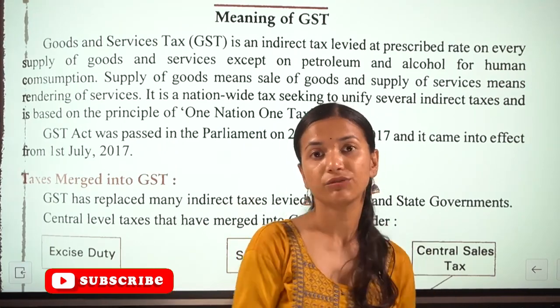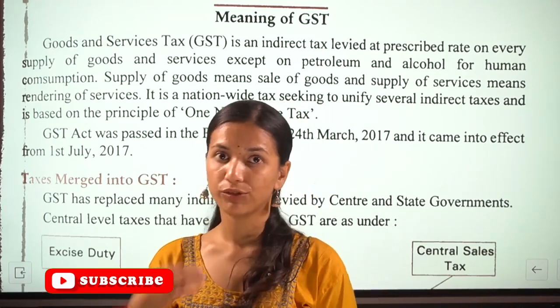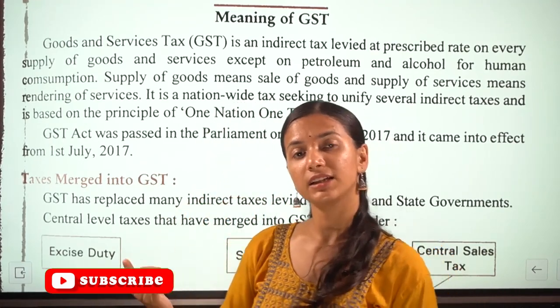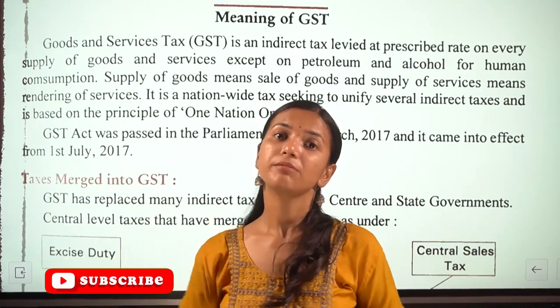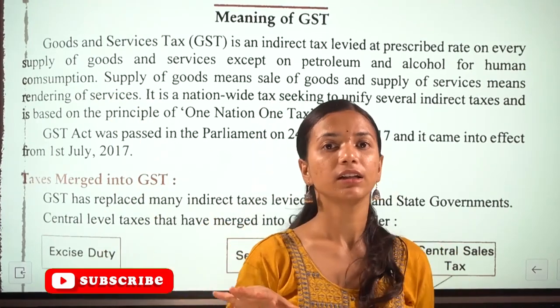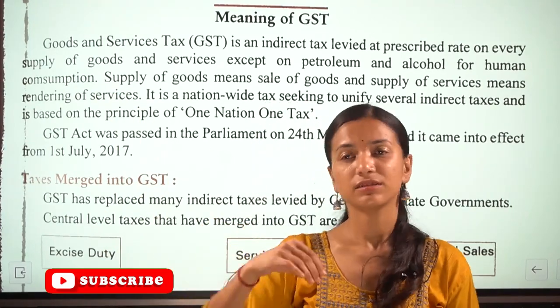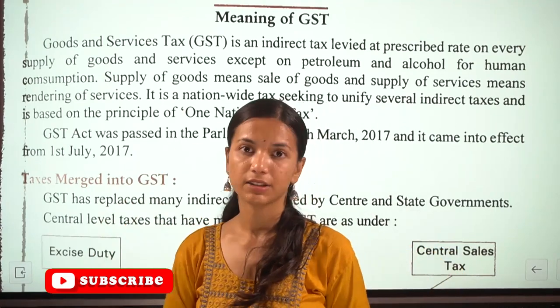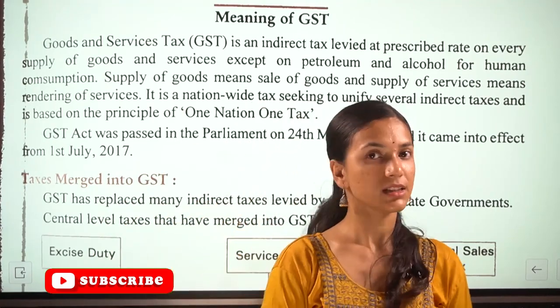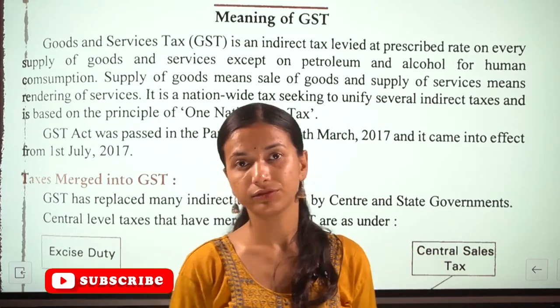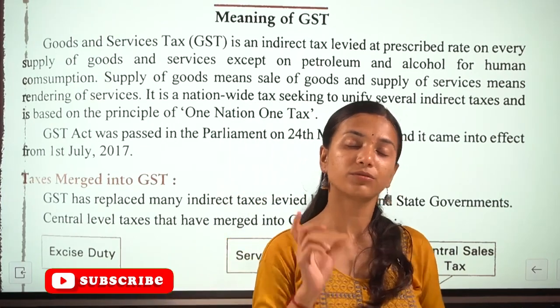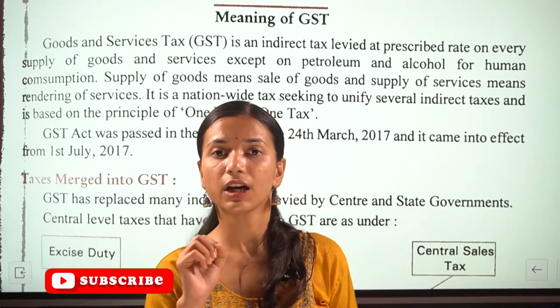Some taxes are there that we have to pay directly to the government, and some taxes are there which are being levied by the government, which are being charged by the government from us via different items. Let's say you are purchasing a product for your use. So in that product itself there is a charge.